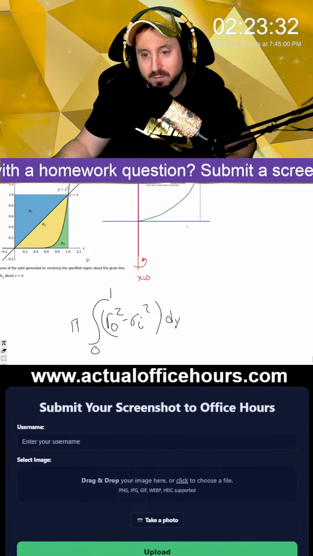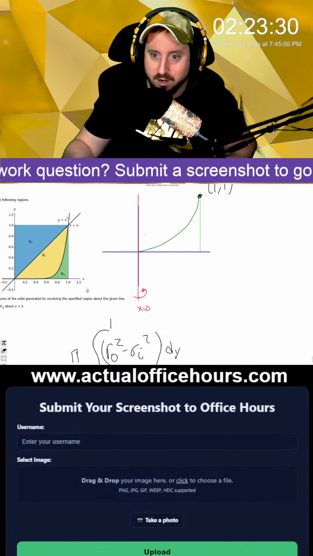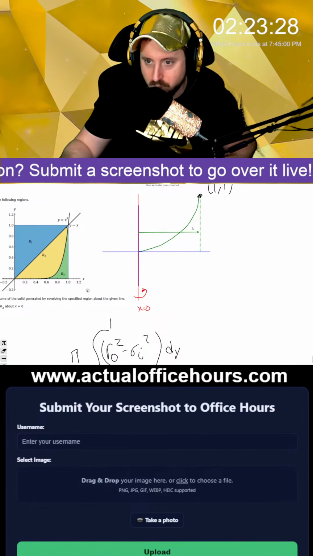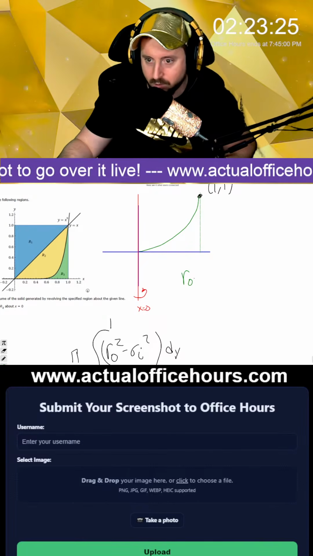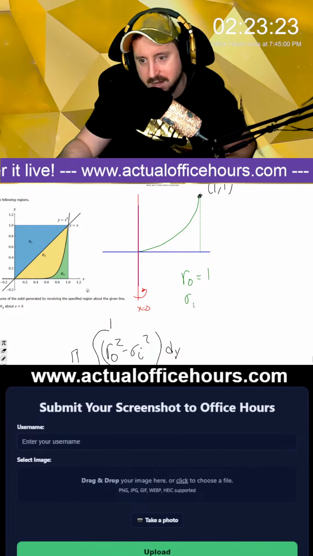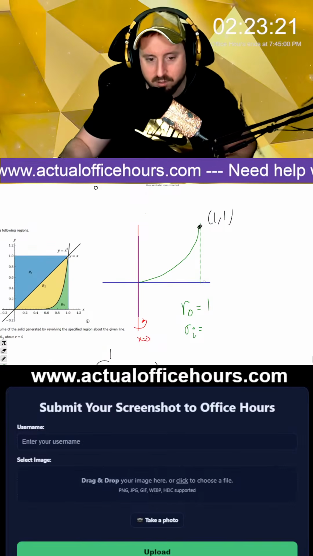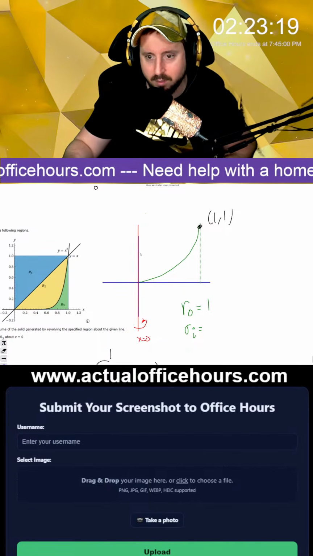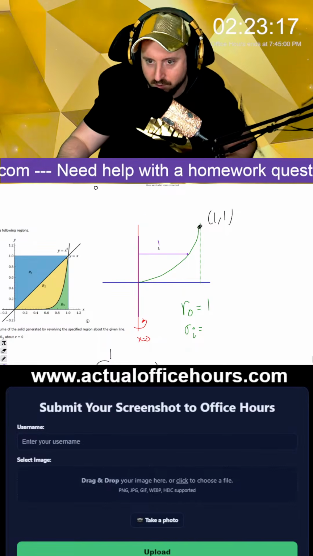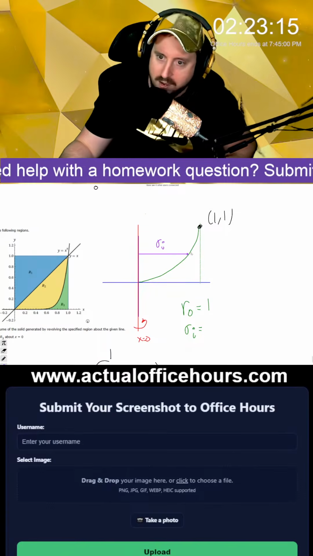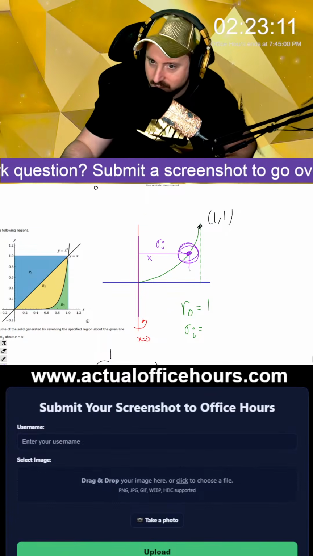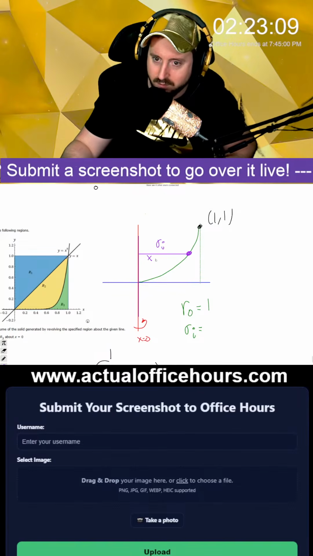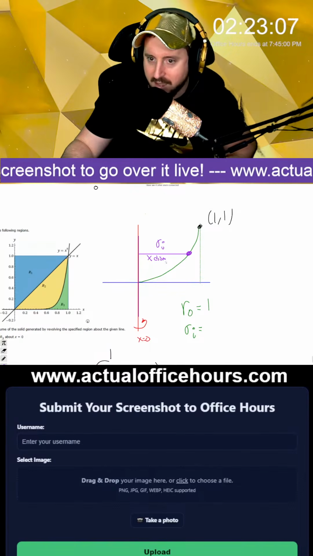Okay, so in this case, r outer is always going to be equal to 1 because the outermost boundary is always 1. And then r inner needs to describe this distance. This is r inner, which is the x coordinate of this point. This is what I mean by x distances.